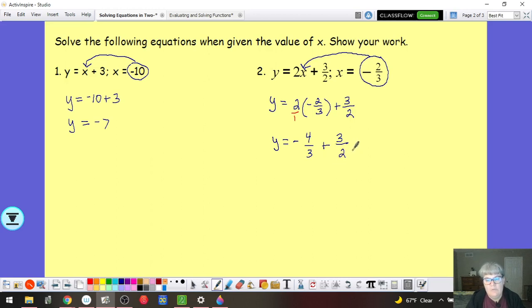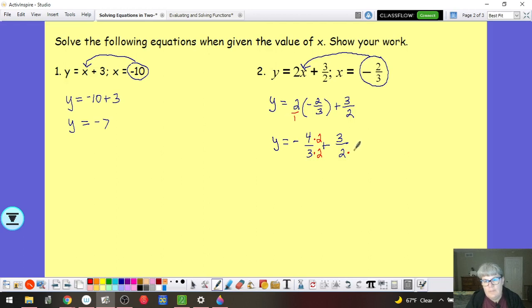The next thing we need in order to add fractions is a common denominator. So we want to look for the least common multiple of 3 and 2. The least common multiple of 3 and 2 is 6. To turn 3 into 6, I multiply it times 2, so I also need to multiply my numerator times 2.